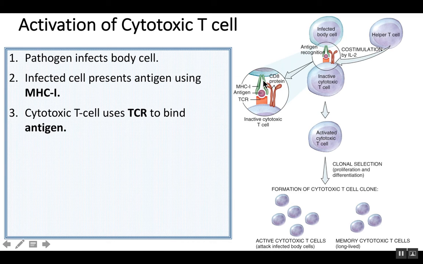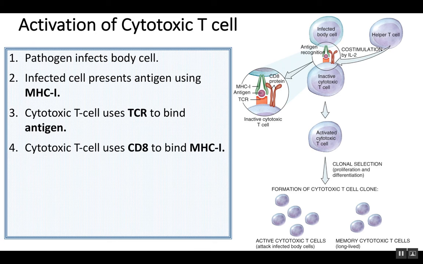So the same idea. You just got presented an antigen. You recognize the fact that that's an antigen, and it's being presented by someone who has MHC1, which is all our body cells. So those two interactions tell the cytotoxic T cell we've got a body cell presenting an antigen. That means that cell is infected and we need to kill it.